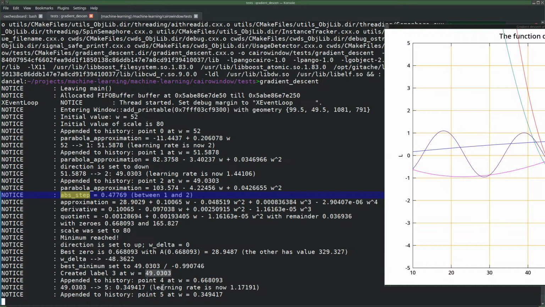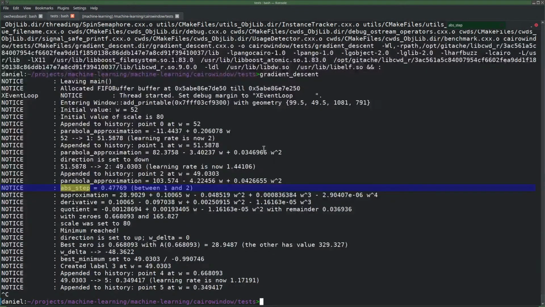Nope, there is no 0.3. Is W changed again after this? Okay, I guess I have to print every time W changes now.